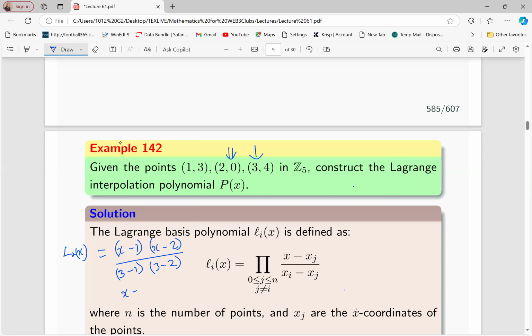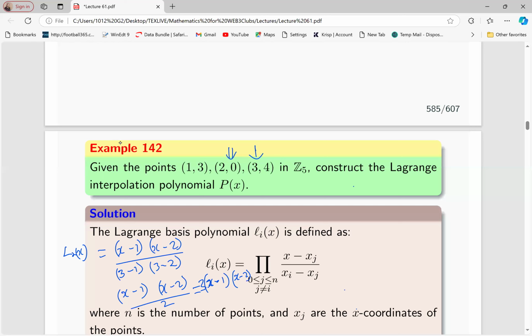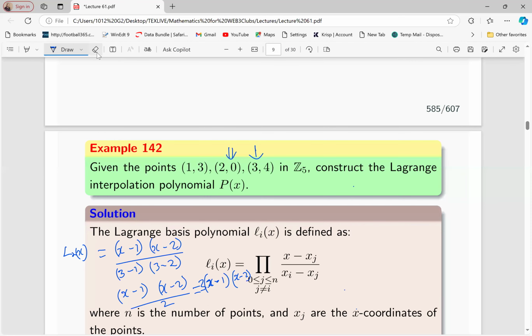So again, this will be x minus 1, x minus 2, over 2 times that. We've already said that the inverse of 2 is 3. So the whole thing is multiplied by 3. So that is our simplified version.